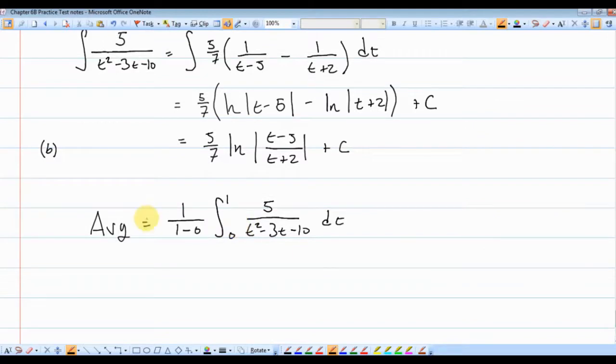And what's nice about that is you already know the antiderivative, so you can just use the methods of antiderivatives. Equals 1 over 1 natural log of t minus 5 over t plus 2, from, oops, I forgot the 5/7, from 0 to 1.